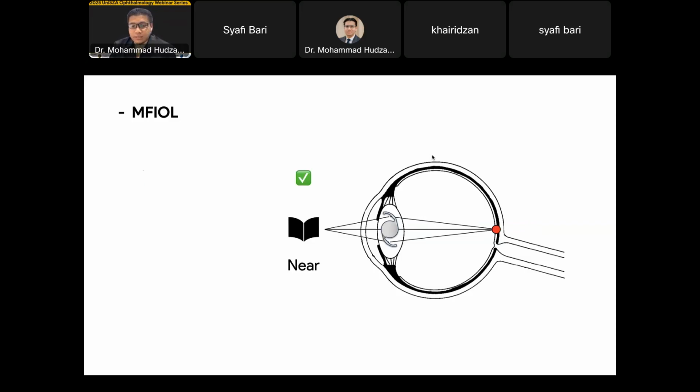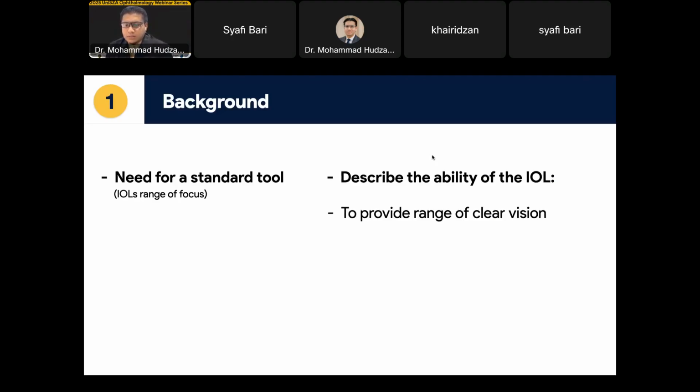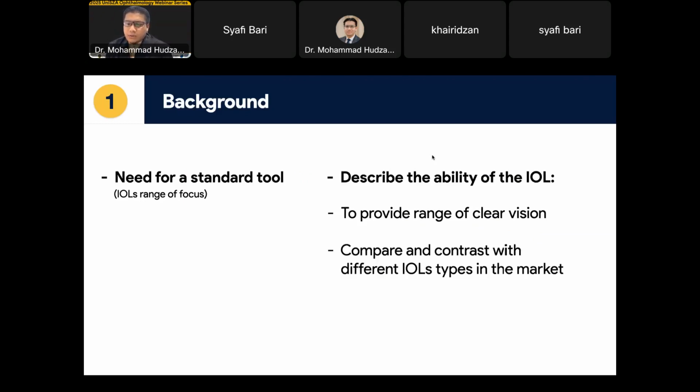All this range of vision provided depends on the property of the intraocular lens. With these emerging multiple types of intraocular lens in the market, there is a need for a standard tool to understand the range of focus provided by the intraocular lens. This tool needs to be able to describe the ability of the intraocular lens to provide a range of clear vision, so that we can compare and contrast different intraocular lens types available in the market.